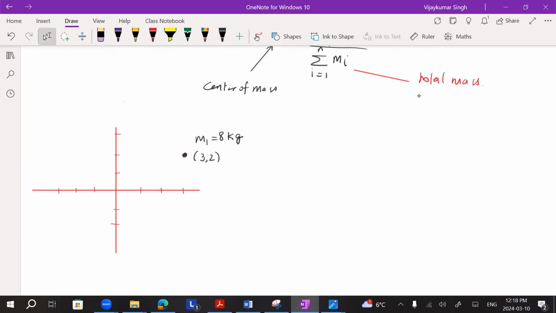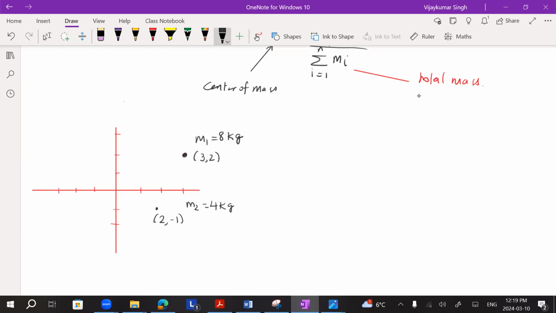Then we have M2, say at (2, -1), and say M2 is 4 kilograms.